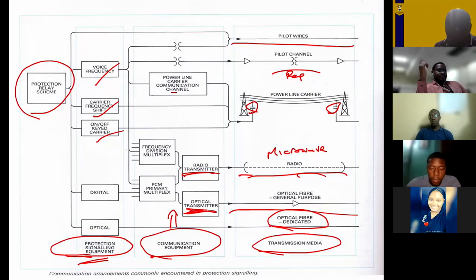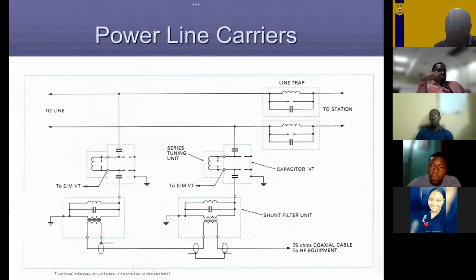And then when we focus or drill down a little further with the power line carriers, I'm sure you would have seen this already. For your power line carriers, we're taking you into the substation. So at one end, we have the line.